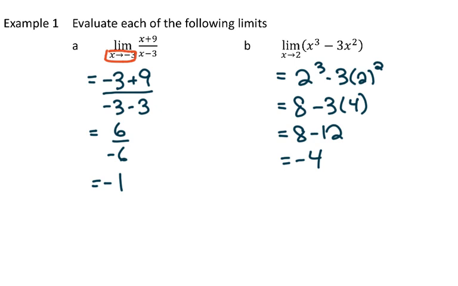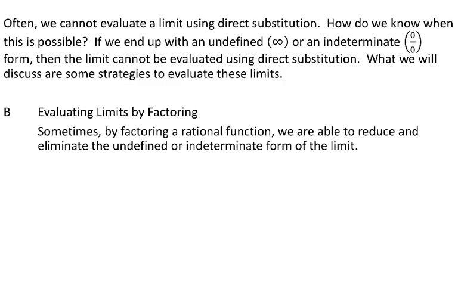When direct substitution doesn't work, we end up getting an undefined or an indeterminate form. So 0 on the bottom of a fraction. We don't want that. So 0 on the bottom either leaves us with the undefined infinity, indeterminate 0 over 0. We cannot use direct substitution as the be-all, end-all if this is the situation we have.